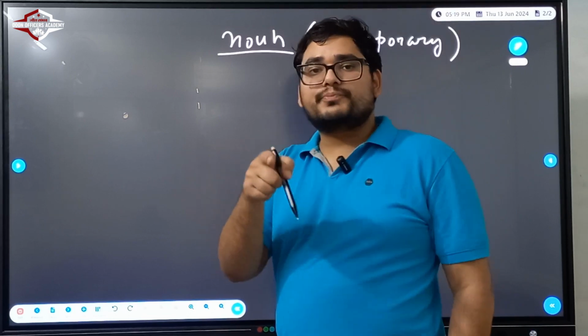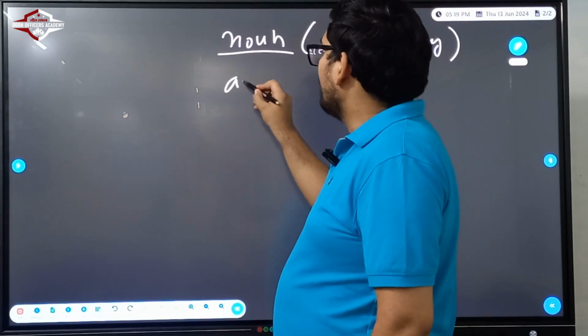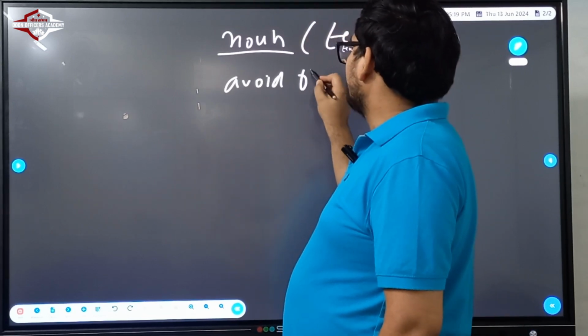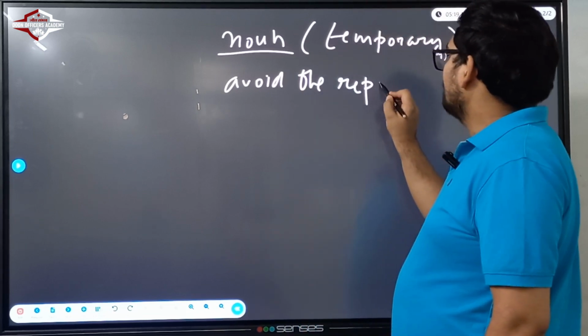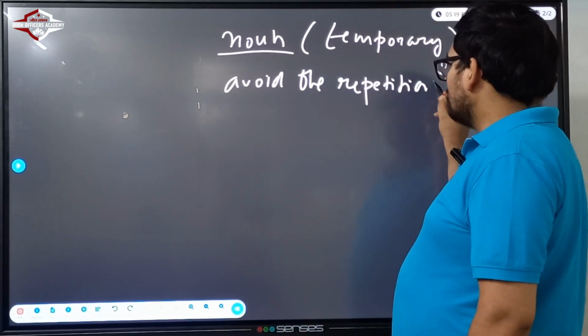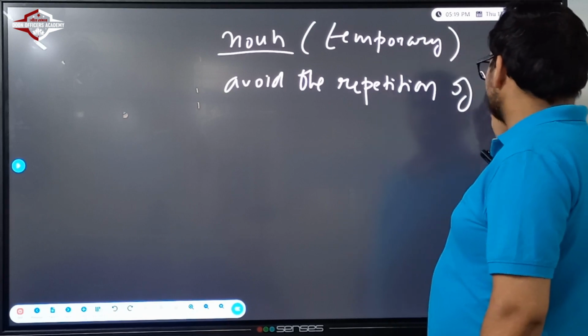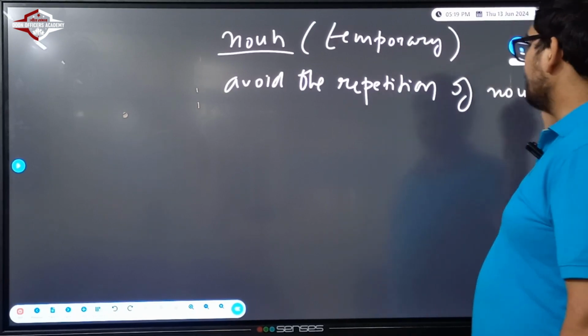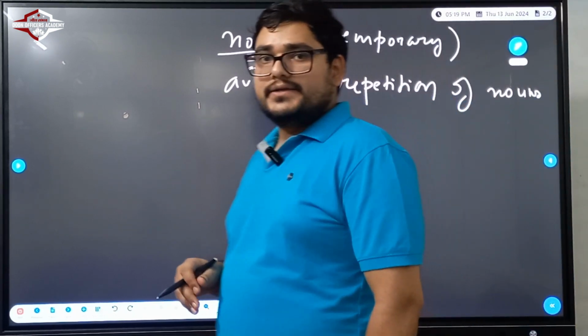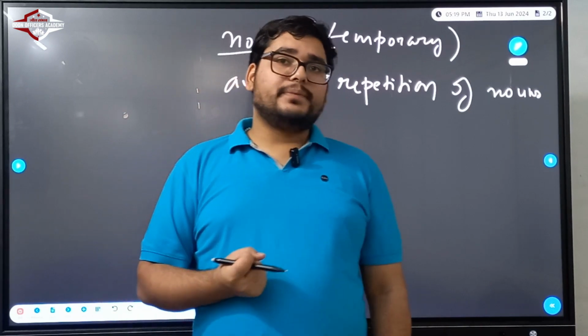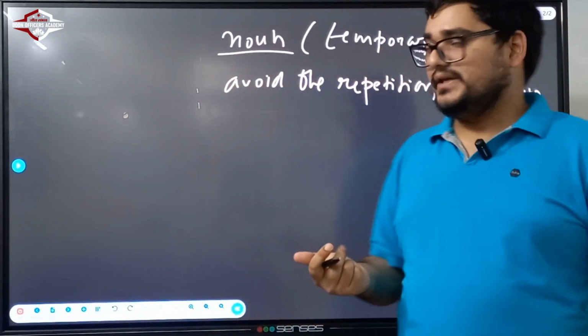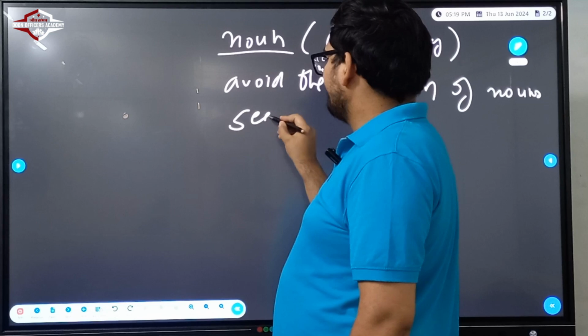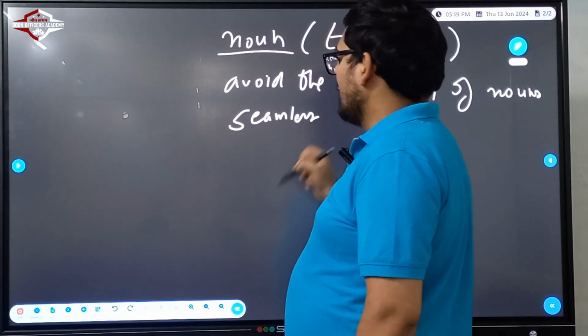Then why do we use pronouns? That is to avoid the repetition of nouns, right? Why do you need to avoid the repetition of nouns? To make your speech seamless, right?